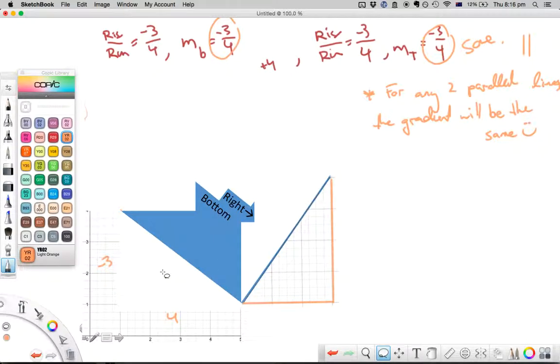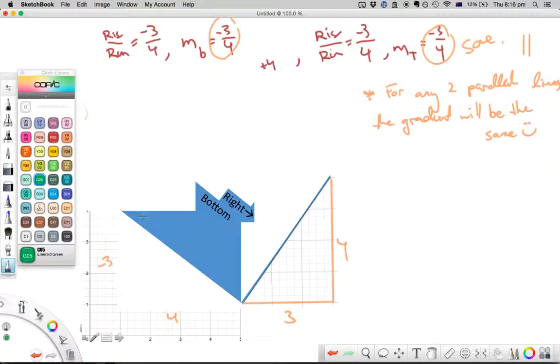So we've just found that when we go down 3 here and across 4 here, that means that this line is associated with going across 3 and up 4.